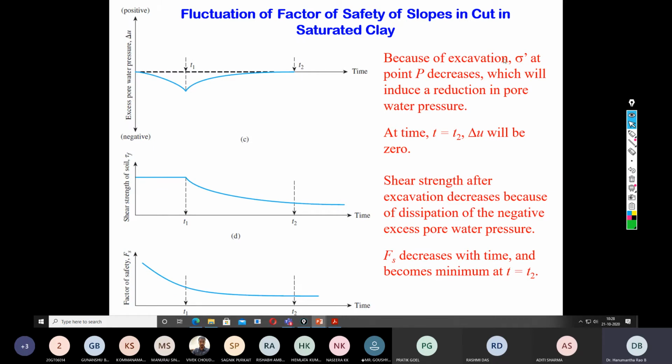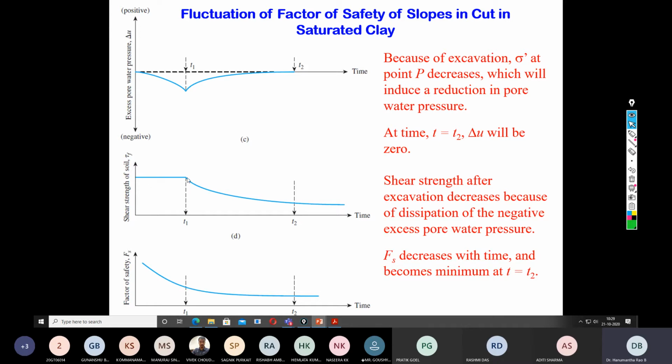So this is the profile of the excess pore water pressure. Because of the excavation, the effective stress at point P decreases because you are removing the overburden pressure, which will induce a reduction in the pore water pressure. At time T2, delta U will be 0, that is, it is reaching the initial condition. Now here you can see how the shear strength of the soil is decreasing as you advance the excavation.